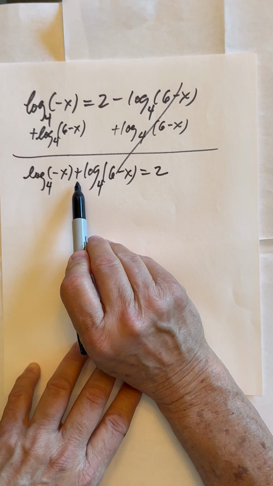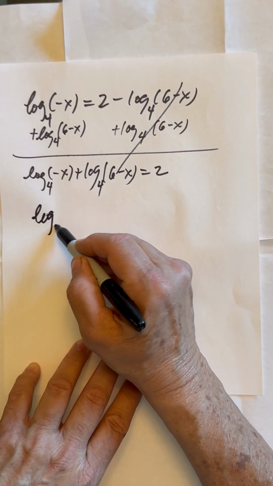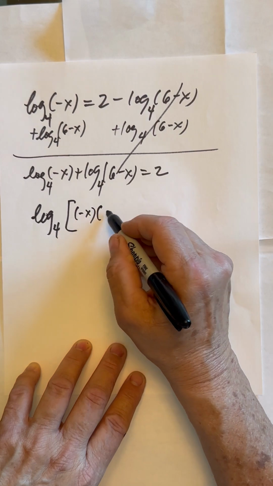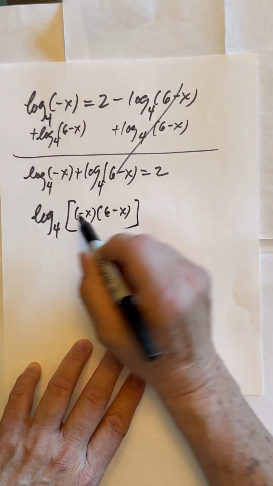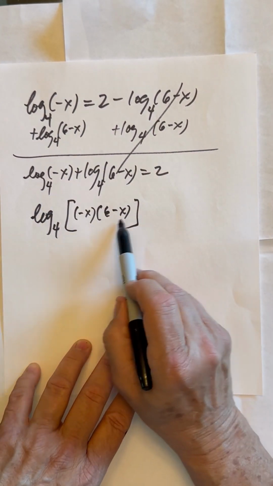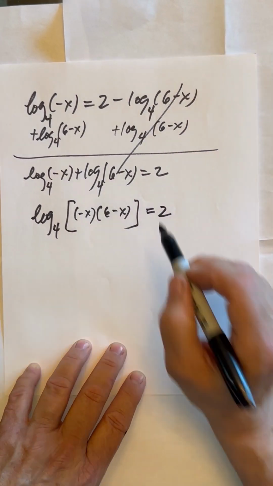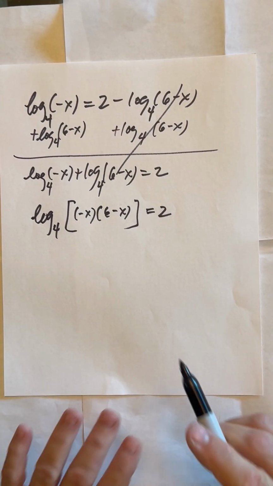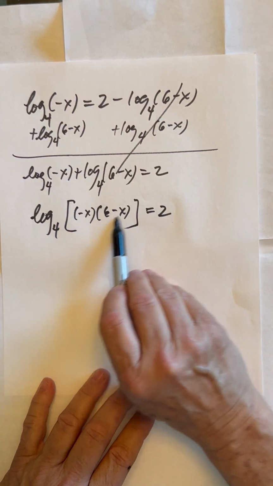Since there's a plus sign between them, the single log base 4 is of negative x times 6 minus x, because they both have plus signs in front of them, so they go in the numerator. There's no denominator here, or if you want to say, divide by 1. Now I can either use theory and say 4 squared is all this stuff.